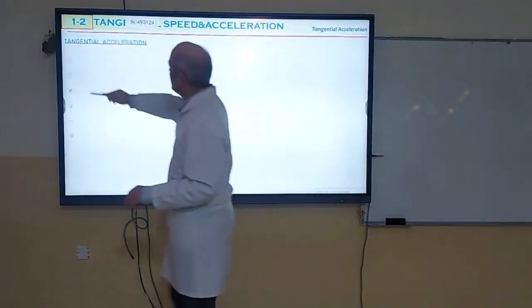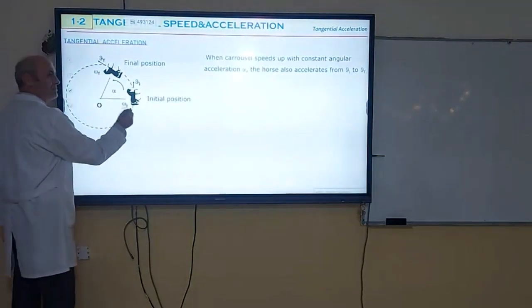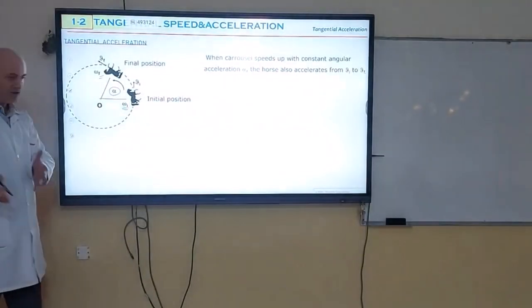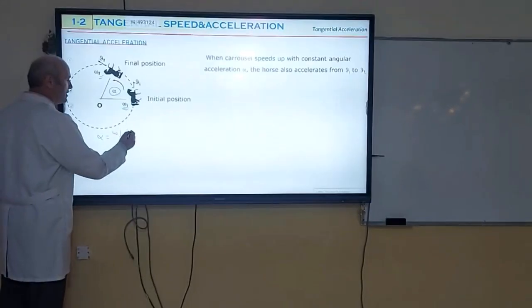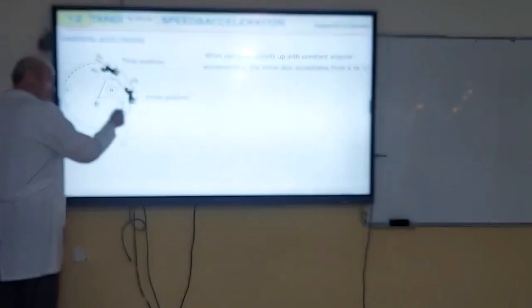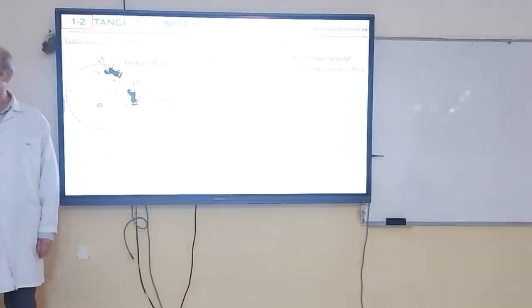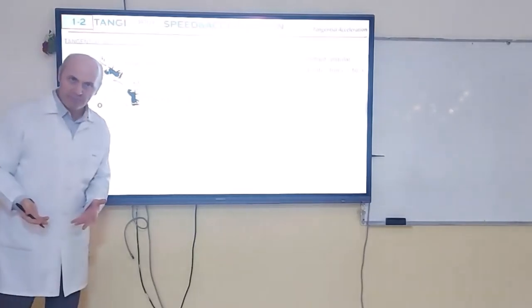So as this carousel is speeding up from an initial angular speed to a final angular speed, absolutely we can calculate angular acceleration by which equation? Alpha is equal to omega final minus omega initial divided by delta t. But if angular speed is changing from an initial value to a final value, absolutely tangential speed should be changing too, because they are directly proportional.